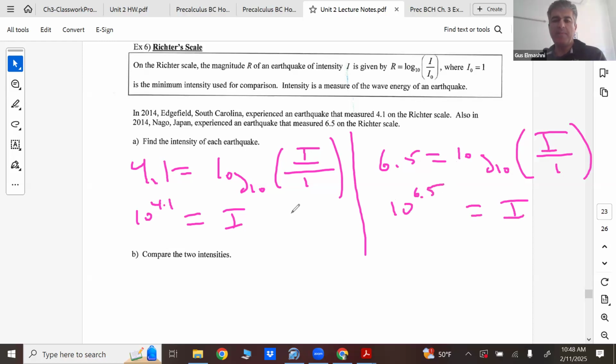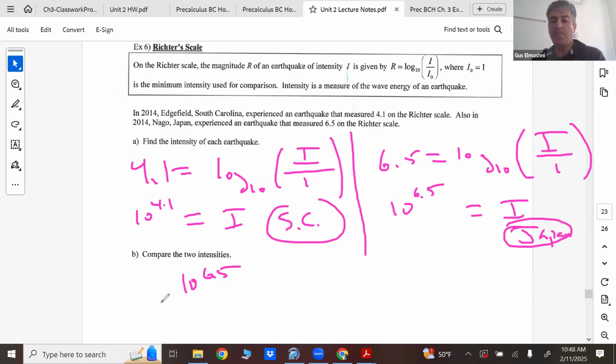Okay, so that's South Carolina, and that's Japan. Then I asked you to compare the two intensities. You want to divide Japan by South Carolina, because Japan's definitely more intense. If I do that in the calculator, it's going to be at least 100 times more intense. Actually, we can subtract the exponents, right? Wouldn't that be 10 to the 2.4 power? Which is definitely more than 100.